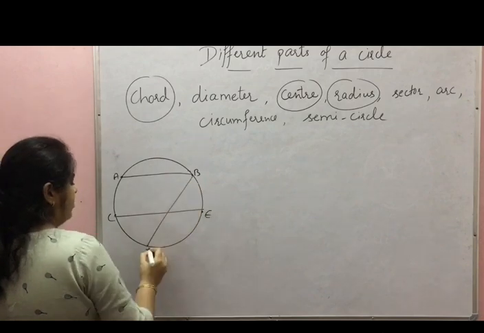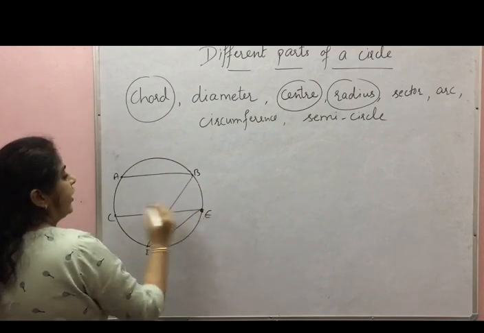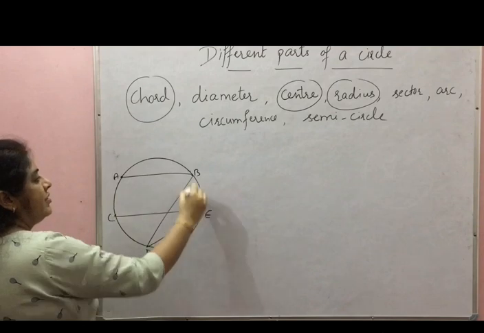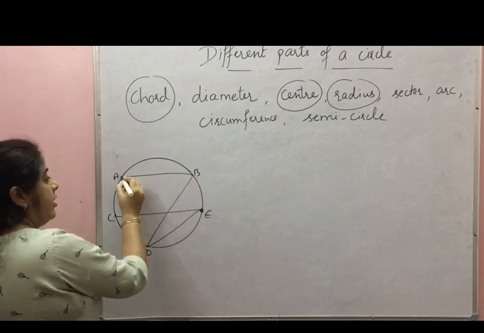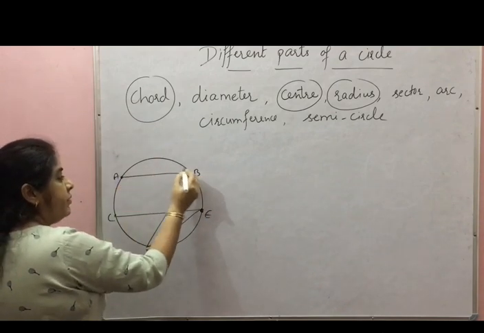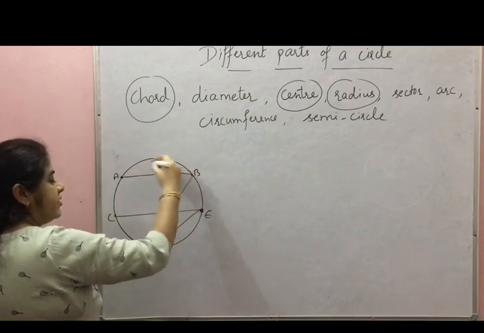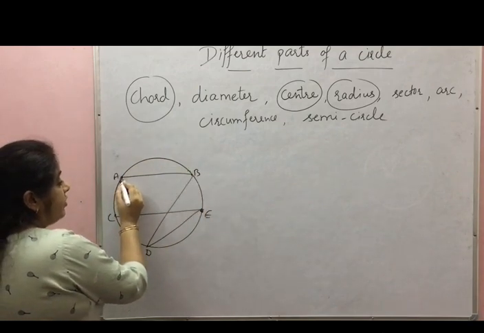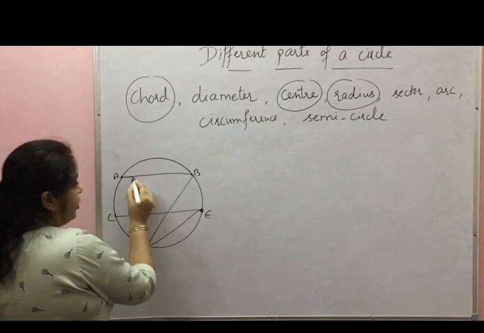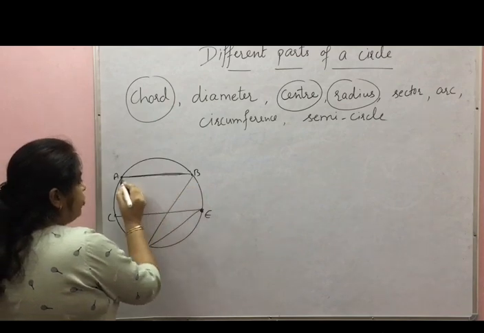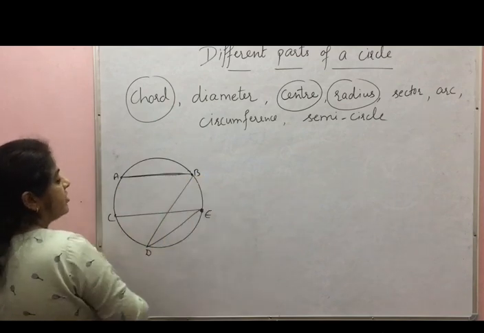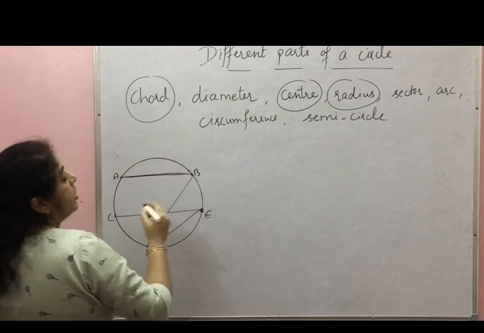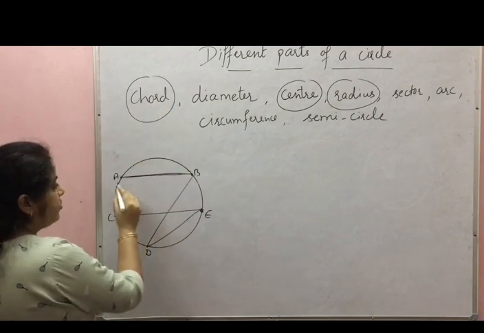Remember, the points must be on the boundary of a circle. The line segment obtained from joining any 2 points on the circle is called a chord.